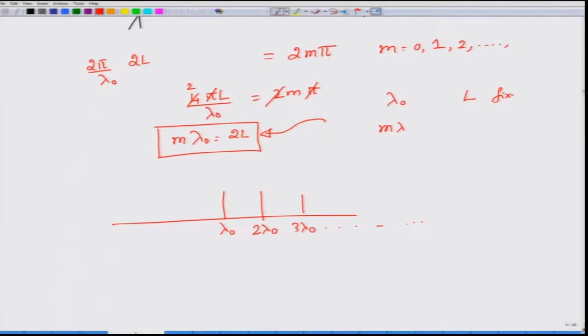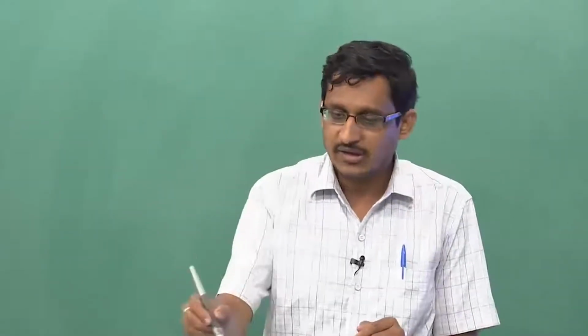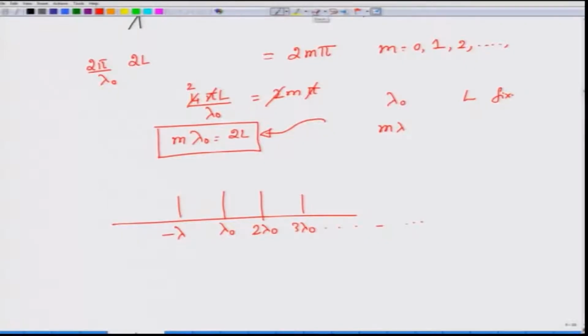Of course, you can also get the lower side frequencies and the upper side frequencies. But the point is that you get a large number of discrete modes, which are all integral multiples of these particular modes, for a length of 2L.